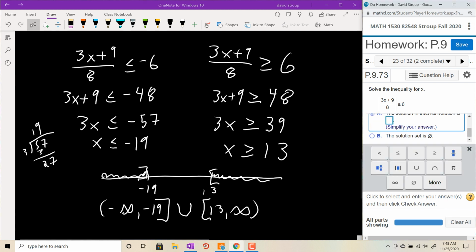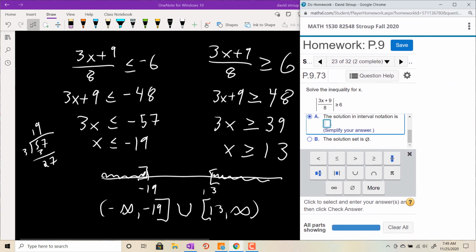So let's go over here and try to plop that into this computer deal. So I have to get us the union symbol. Don't use a U, use the union symbol. But you know that from doing homework, right? So negative infinity, I think it's just inf. It's not letting me do it.